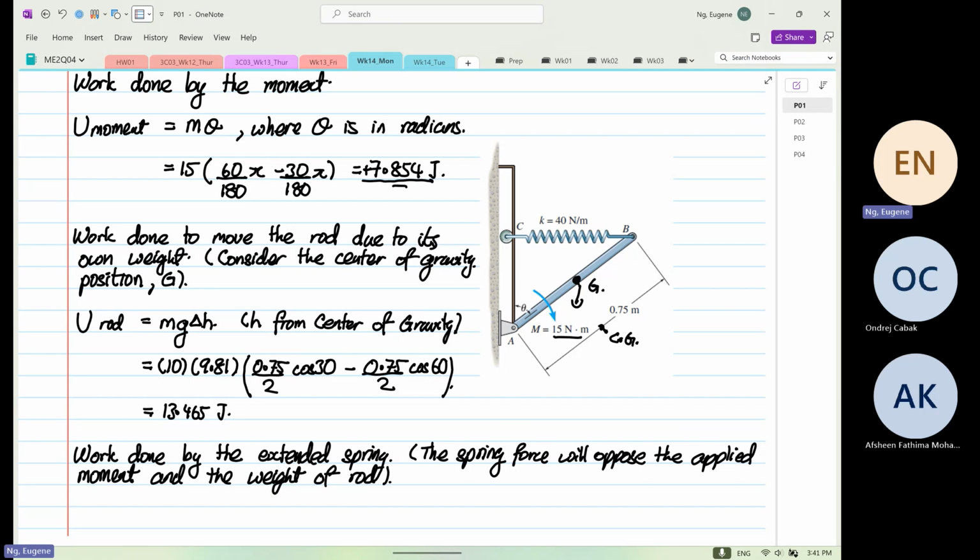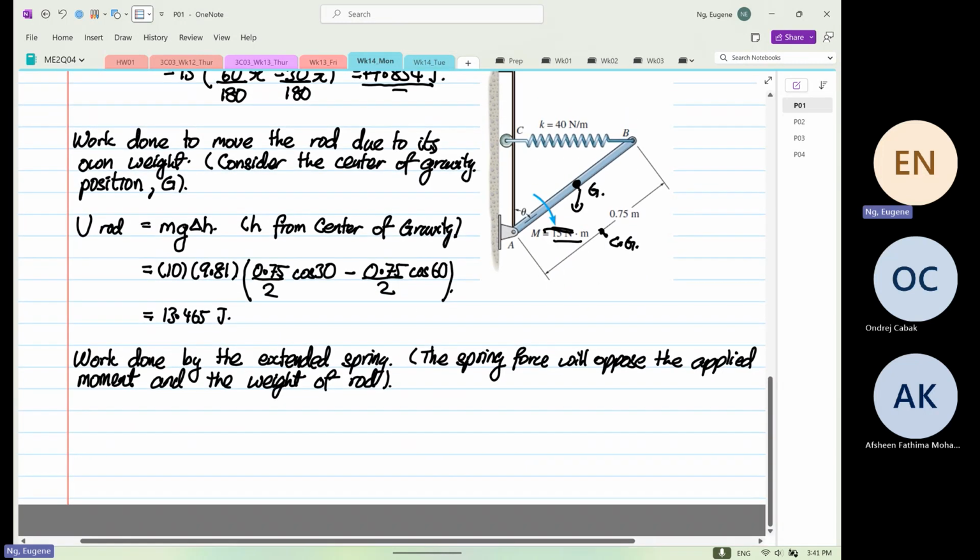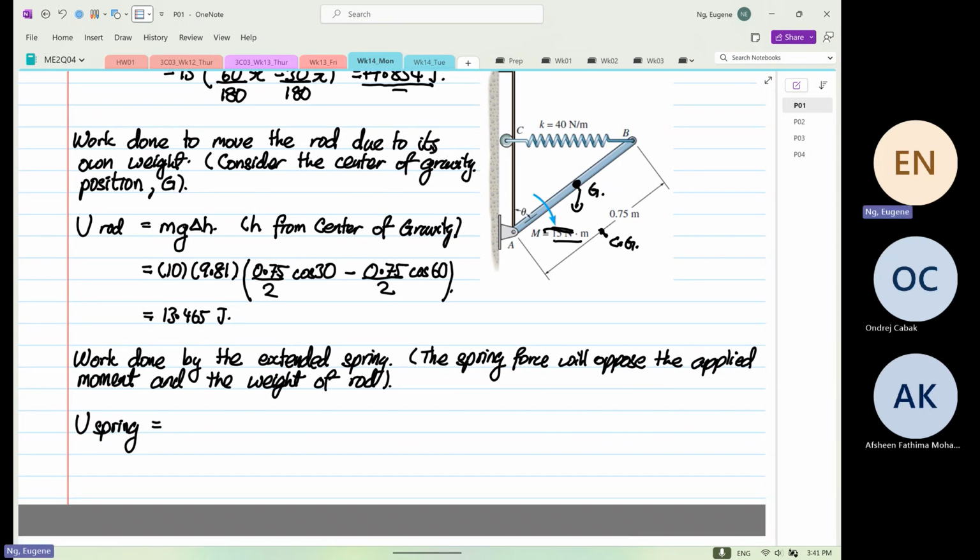Right? So this spring wants to pull the rod into a vertical position and will both what? Oppose the applied moment. So therefore, when you calculate the work done by the spring, it's no more positive, but it's equal to negative half Ks squared.